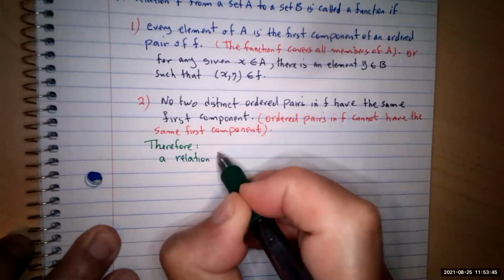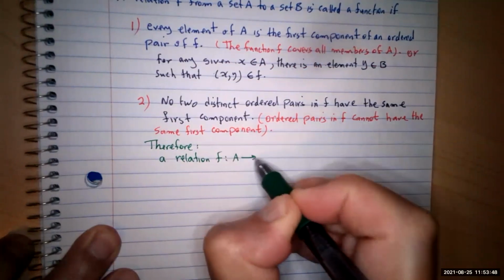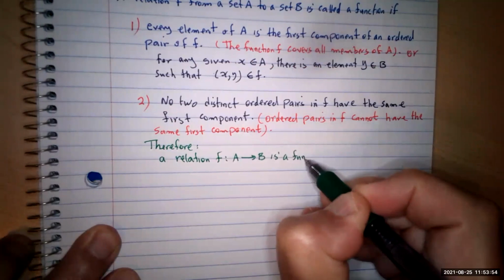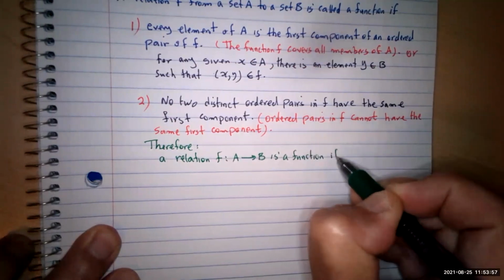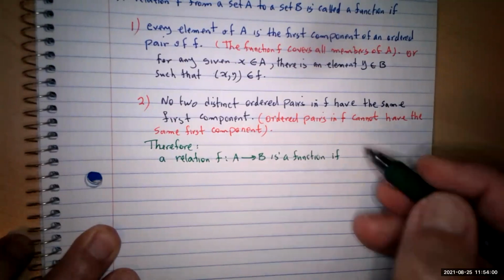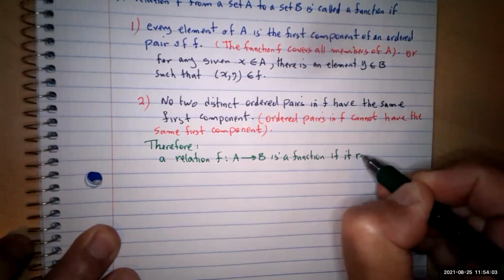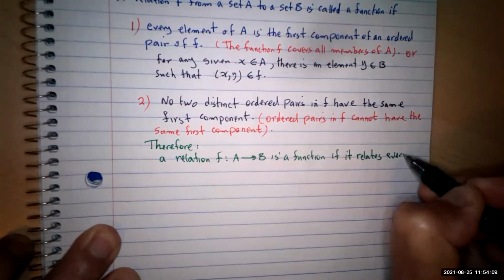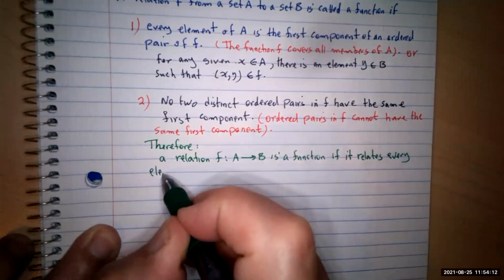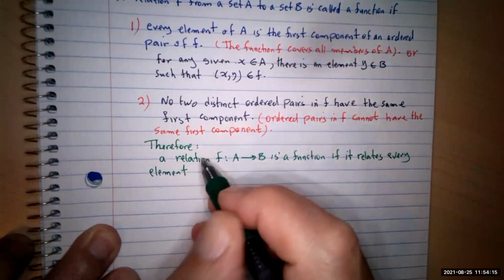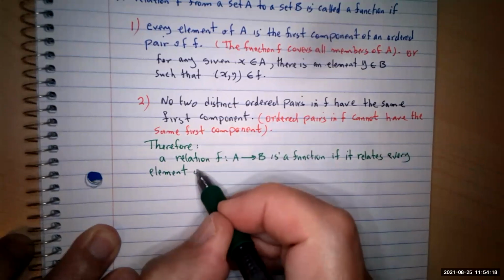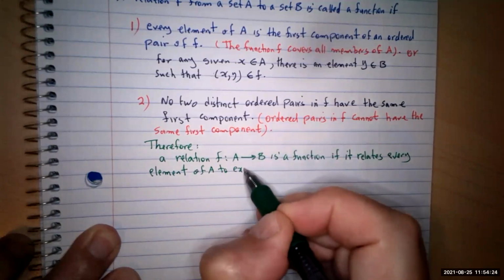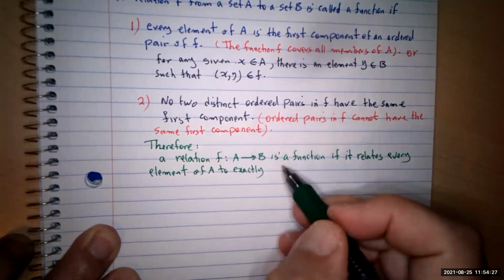A relation F from A to B is a function if it relates every element of A to exactly one element.